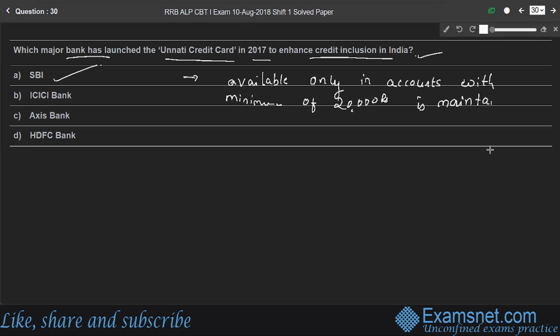We have to maintain 20,000 rupees minimum balance in the account, then only this Unnati credit card will be available. This facility is provided without checking the credit history of the customer, because 20,000 rupees is already maintained in the account.